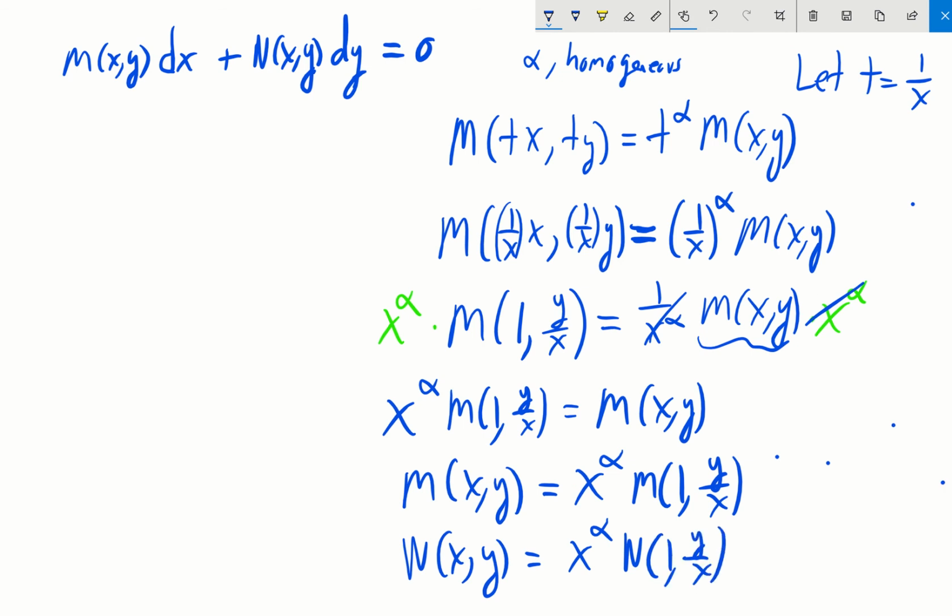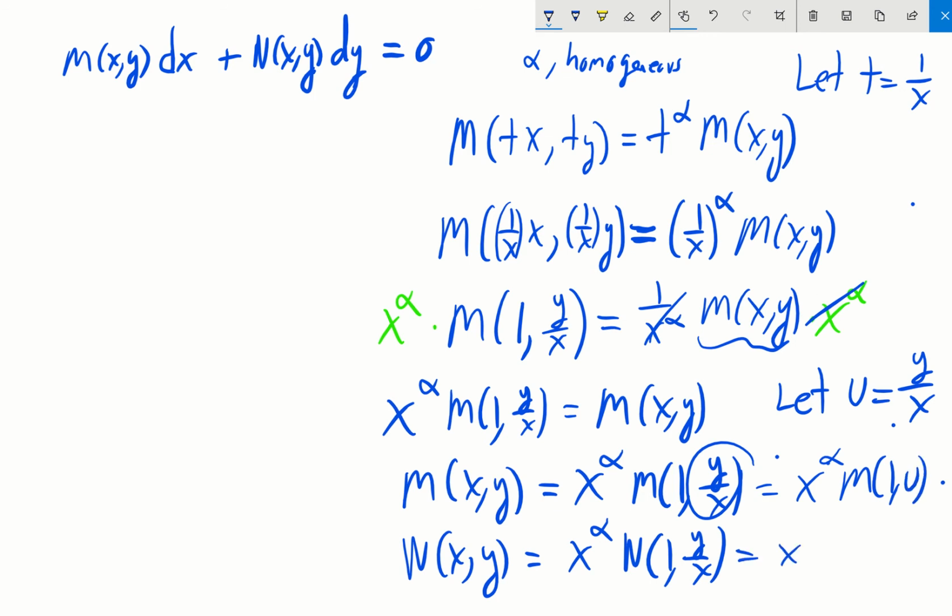And now what we're going to do is make a substitution here, and this is the substitution. Let's let u equal y over x. So this is going to be written as x to the alpha, m of 1 comma u, and this is x to the alpha n of 1 comma u.